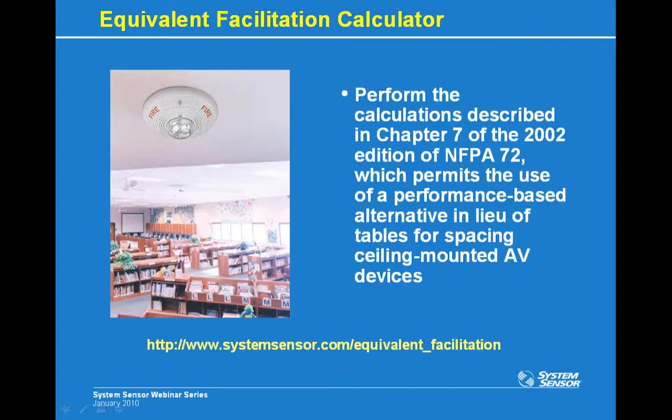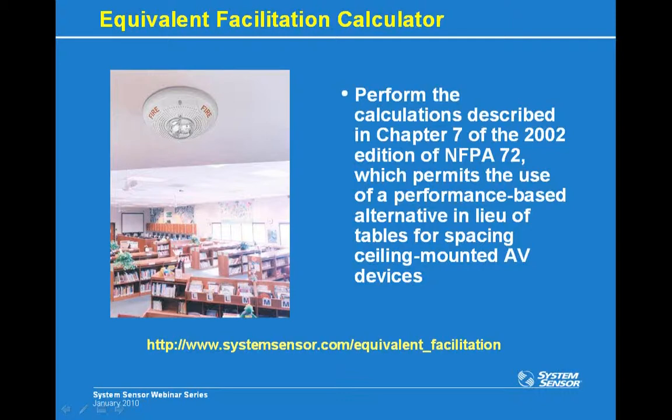The equivalent facilitation calculator enables installers as well as system designers to ensure that ceiling-mounted strobes provide the same illumination coverage as wall-mounted strobes, and that they meet the minimum illumination requirements specified in NFPA 72. So this now enables performance-based design with ceiling-mounted strobes by showing the amount of coverage the light from the strobe will provide in square footage.